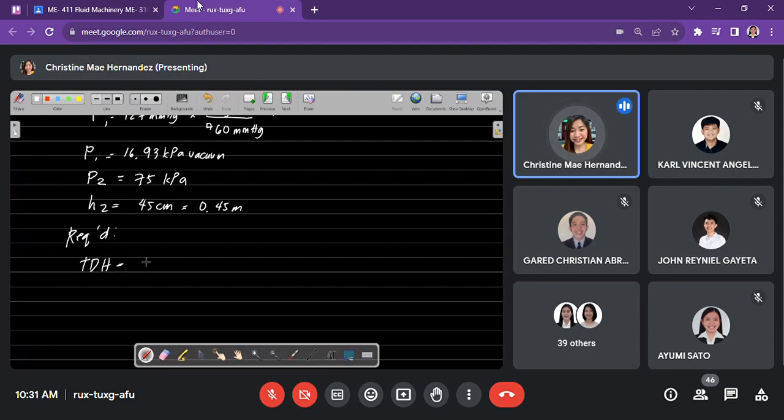So, si total dynamic head, so H2 minus H1, ito yung elevation head, plus pressure head, plus yung ating velocity head.